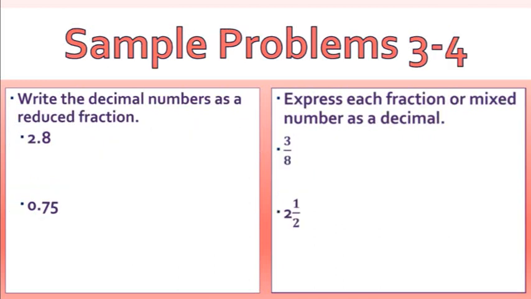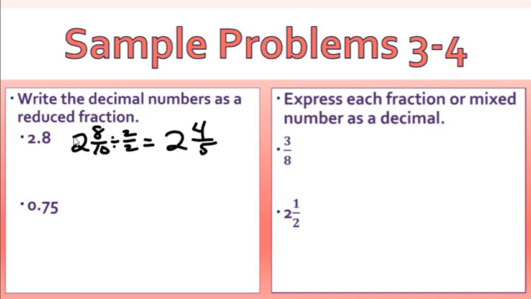Next example, write the decimal numbers as reduced fractions. So if I were to read this number 2.8, I would write it as 2 8/10. I can reduce 8/10 by dividing by 2/2, which will give me 2 4/5.